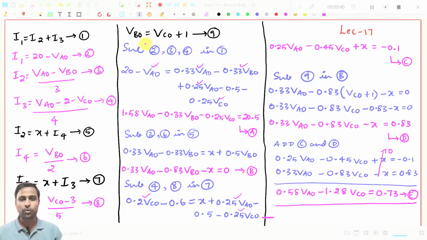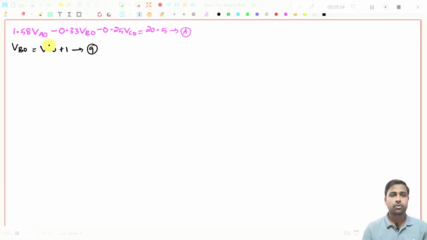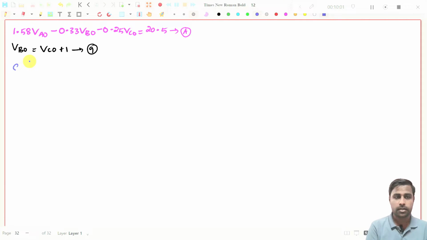Now what you do, you substitute this expression number 9 in A. So what we can do, we can eliminate again VBO. So now you see we have taken these two expressions and we try to substitute 9 in A. So what we will get?